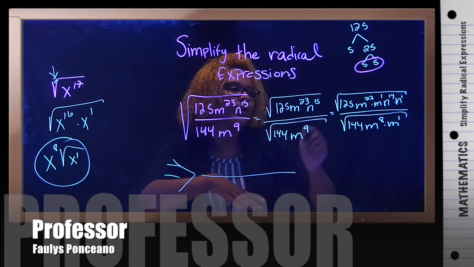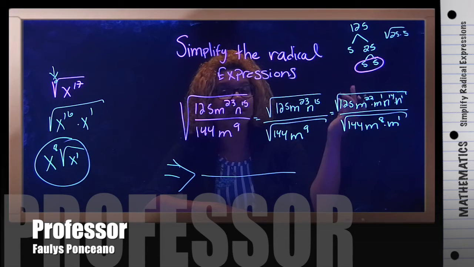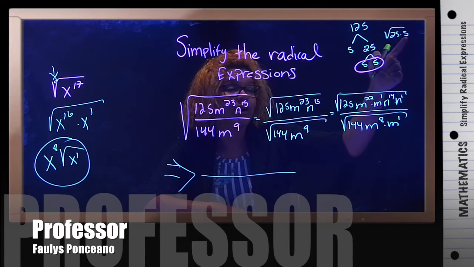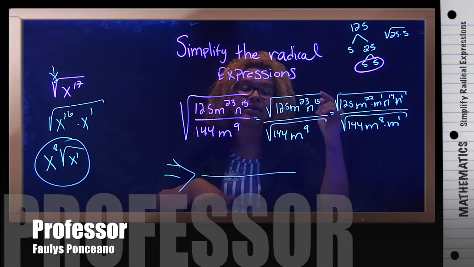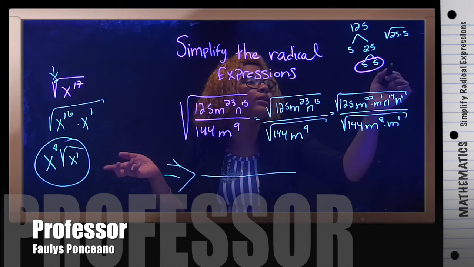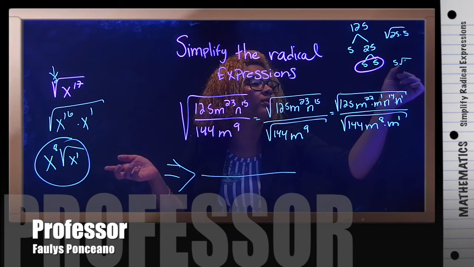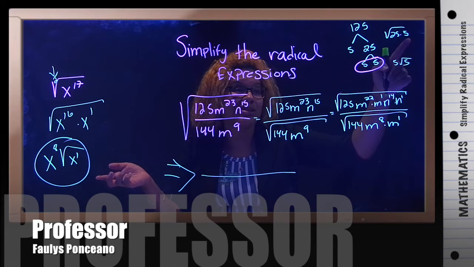If you don't like it that way, you can always rewrite it as 25 times 5. 25 is a perfect square and 5 is not, so that will stay. So we realize that 125 is not a perfect square. We go ahead and simplify it, and that simplifies to 5 square root of 5. The square root of 25 is 5, and the 5 stays inside.